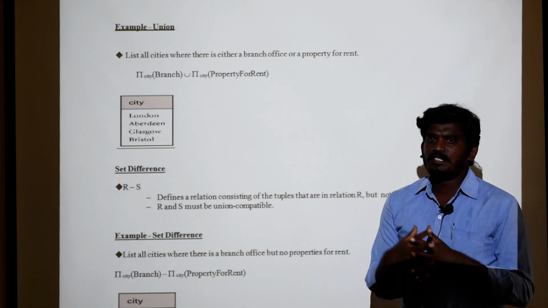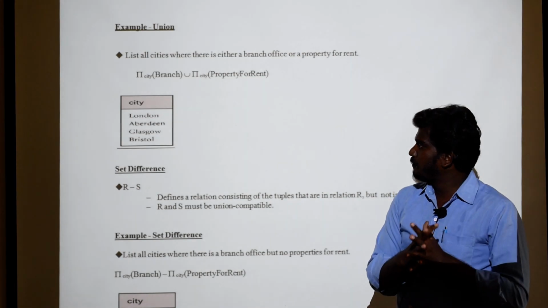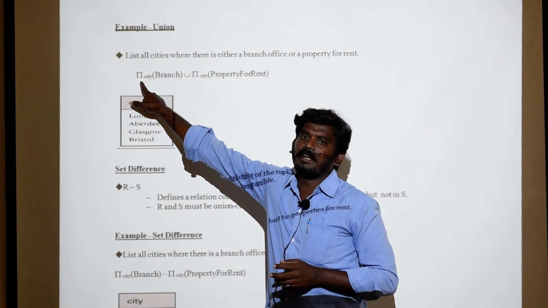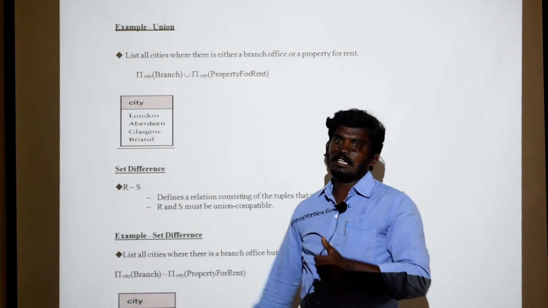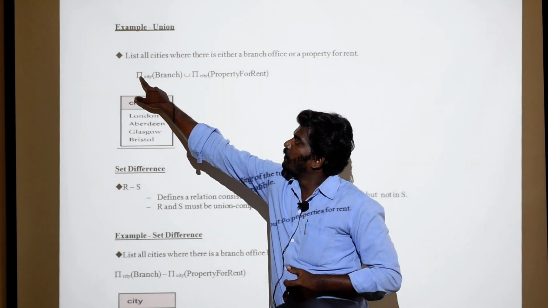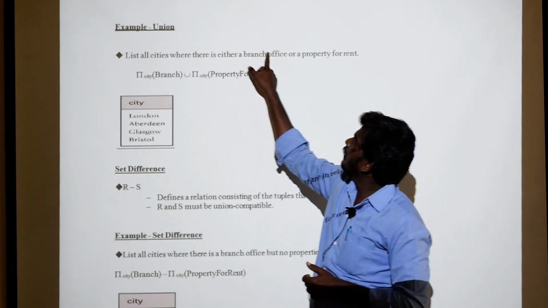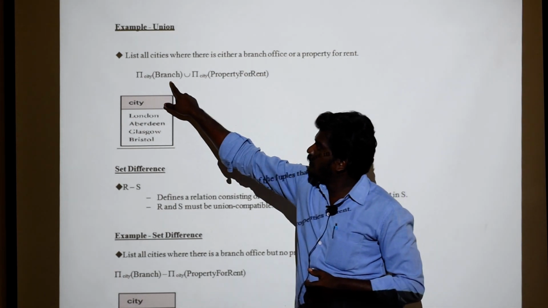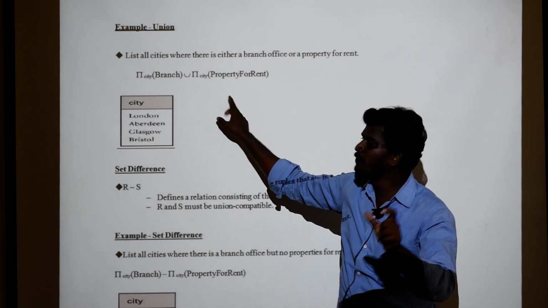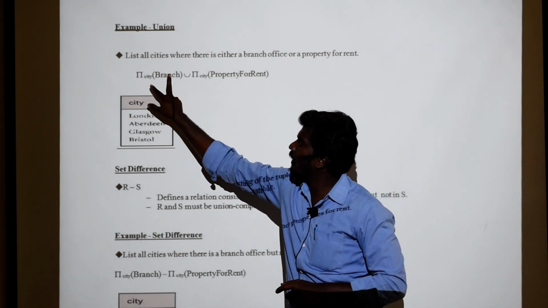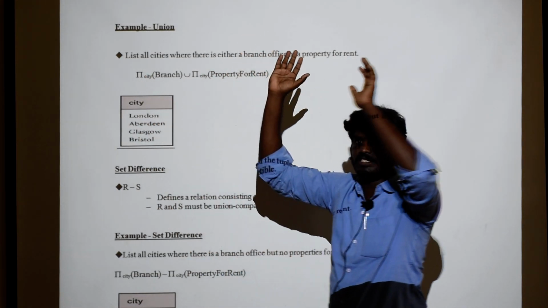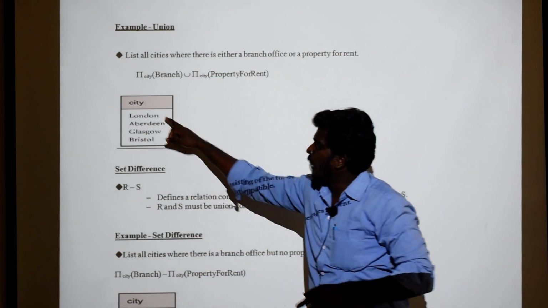Now how do I merge them? I combine the common column of the 2 different tables using the projection, because I just want the vertical selection. So the pi symbol, city of the branch office table, the union symbol, then city of property for rent. The 2 different tables have a common name, city and city.